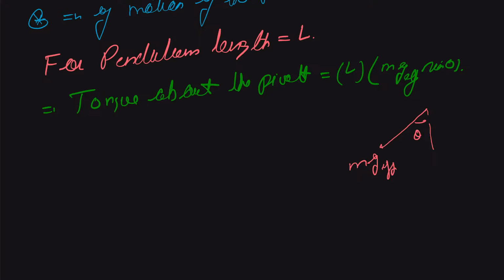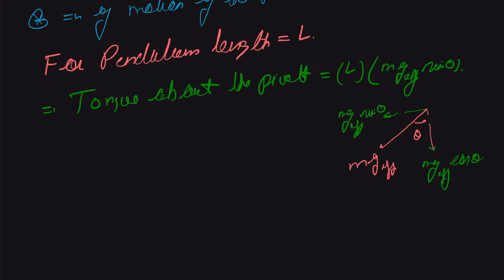So our two components are mg effective sine of theta and mg effective cos of theta.